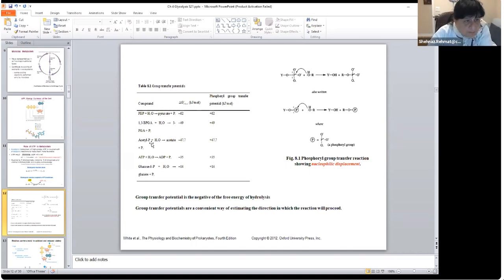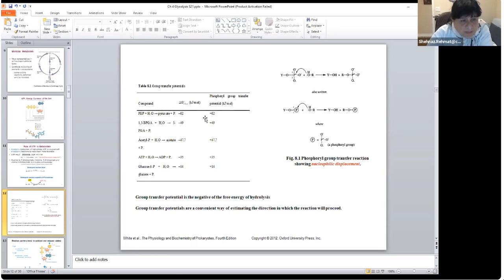But there are other compounds in the cell that we will look at now, which will be used in this. For example, your PEP compound that you will come across during glycolysis has a phosphoryl transfer potential of plus 62. That means it is a better phosphate donor than your ATP.